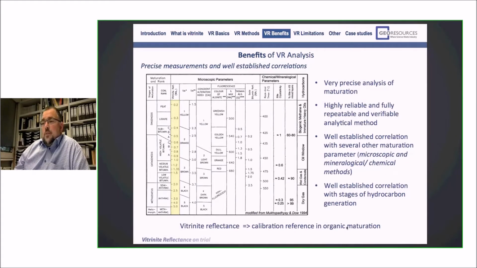So this supports that vitrinite reflectance is important and seems to be reliable, because if not, all these correlations would be rubbish and wouldn't be done, because why should we waste so much time for rubbish? So there must be something about vitrinite reflectance which is really reliable and important to use it as this strong calibration tool.